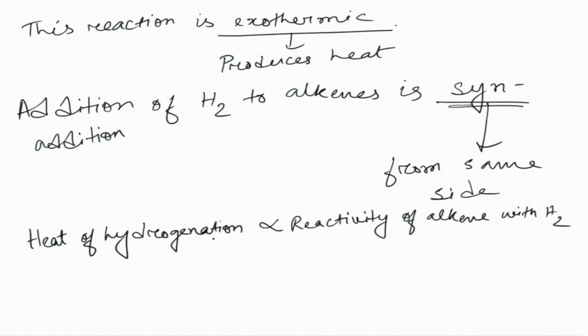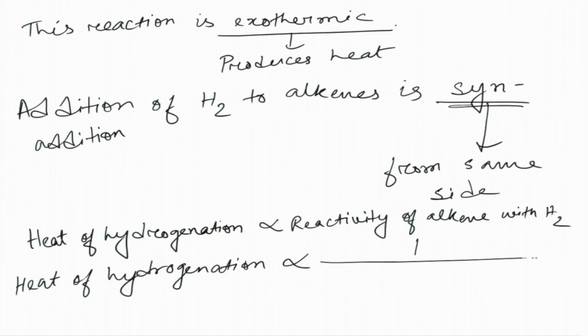heat of hydrogenation obtained. And another relation is that heat of hydrogenation is inversely proportional to the stability of the alkene. So, if the alkene is more stable, then naturally its reactivity will be less.